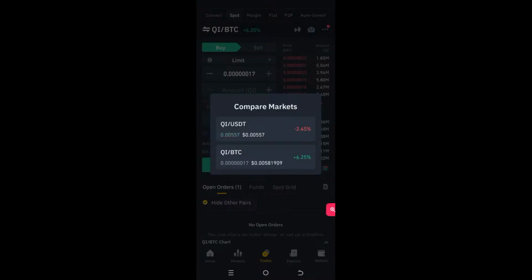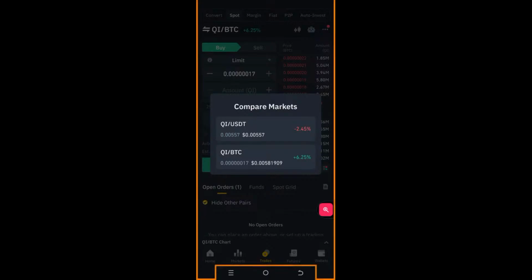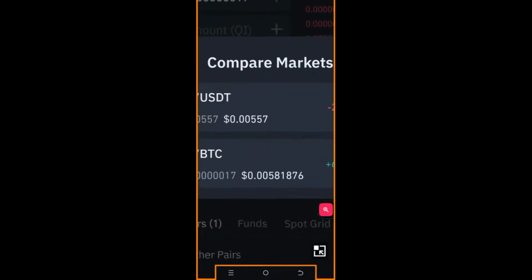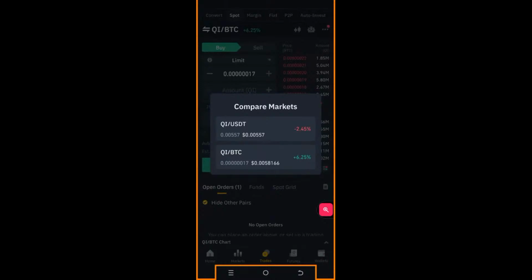Let me magnify this for you to see. QI BTC is 0.058, while QI USDT is 0.0055. So obviously the cheaper one is USDT, and we're going to start with that.